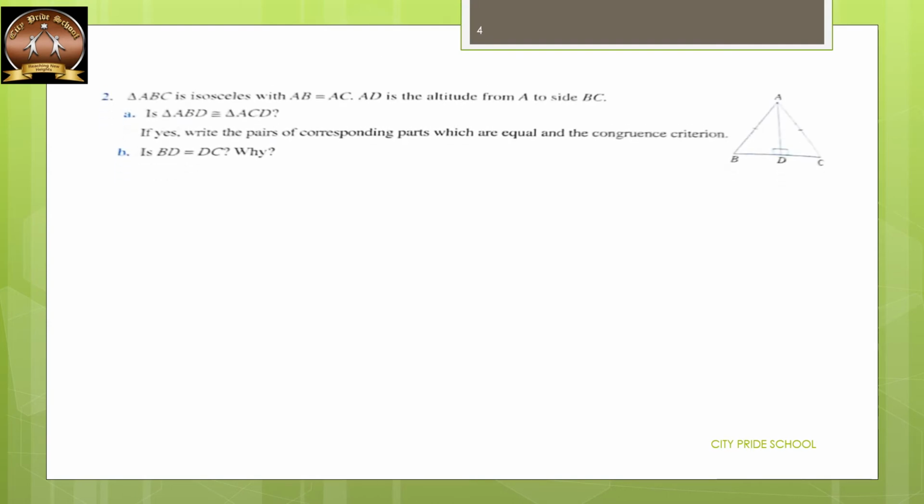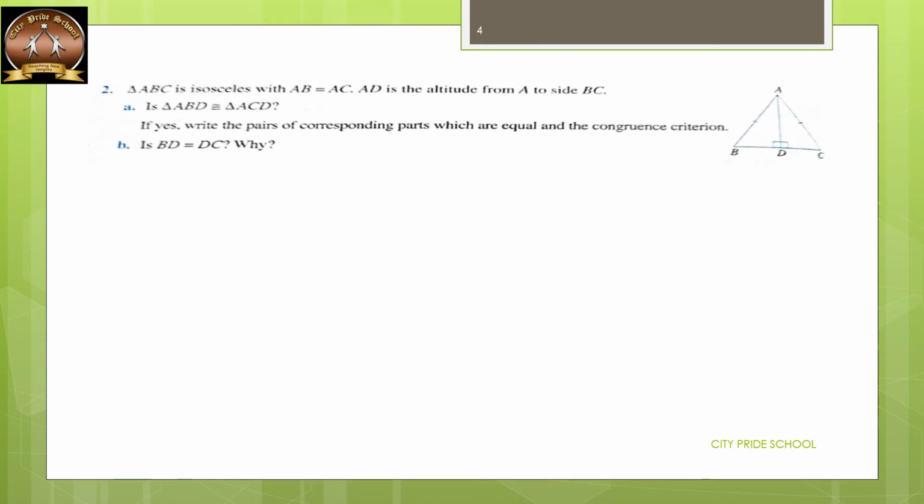Yes children, so let us continue now with our next question, that is question number 2. Let me read the question. In triangle ABC, it is an isosceles triangle, you have side AB is equal to side AC, and it is given that AD is the altitude from A to the side BC.